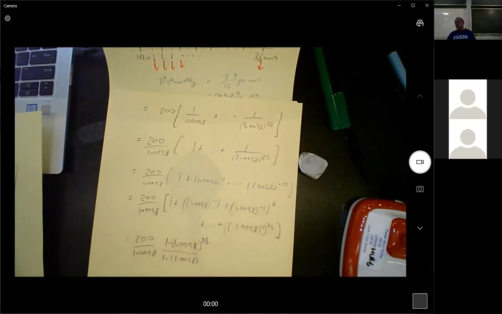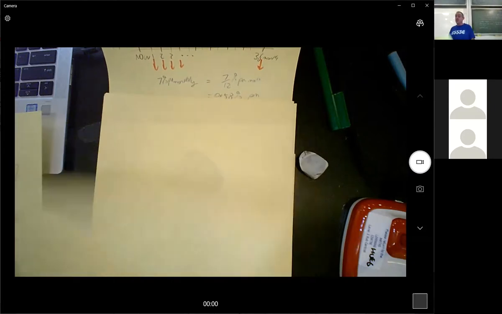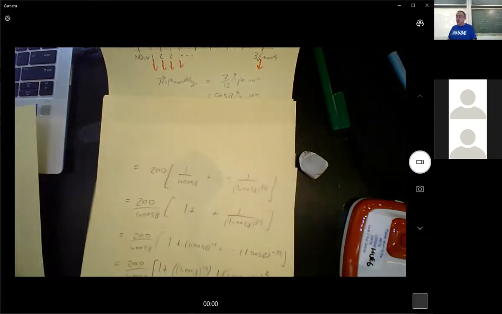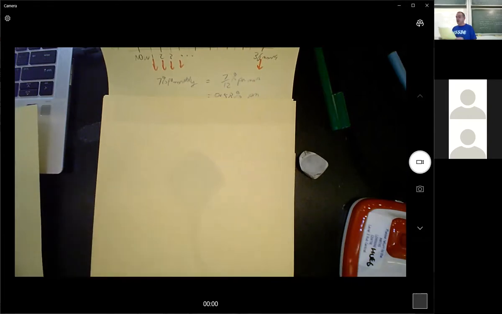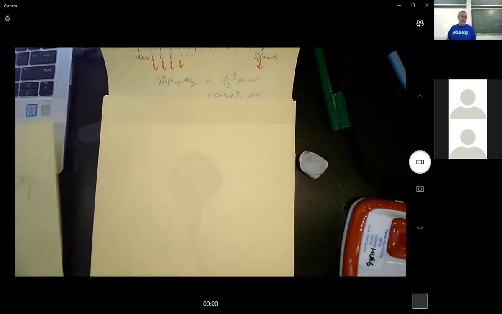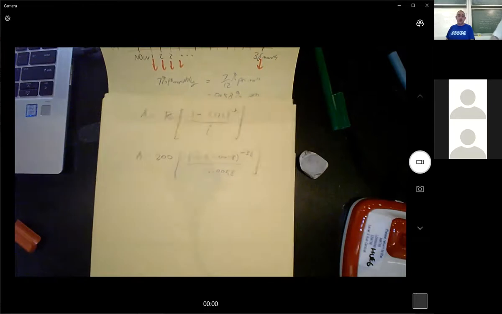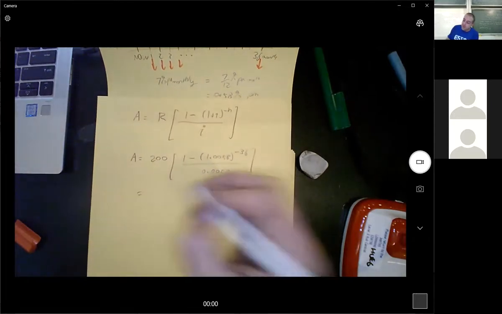And I've done something wrong. Always get this wrong. Yeah, no, I just wanted to see where the formula came from. So that's where it comes from. That's where the minus is, because there's a -1 to the power of 36. But I've done something wrong. So this is the formula, and it works out to this.